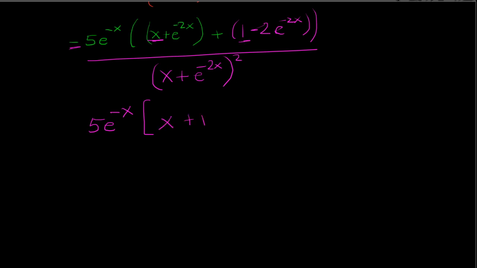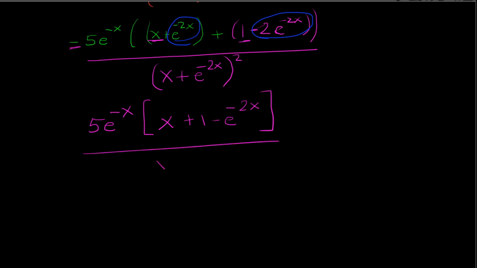And then we have e to negative 2x and negative 2e to negative 2x. So that would just be one copy of negative e to the negative 2x all over x plus e to the negative 2x quantity squared. And here we can't simplify any further, so we'll just leave it as it is.